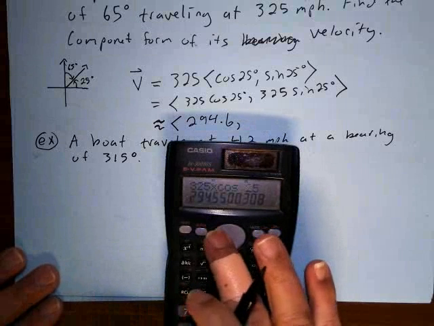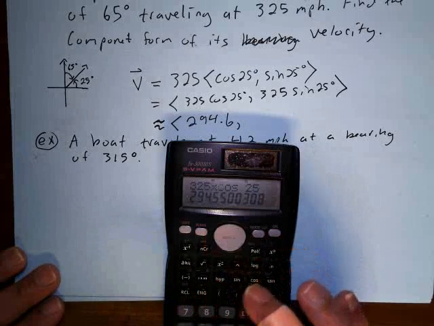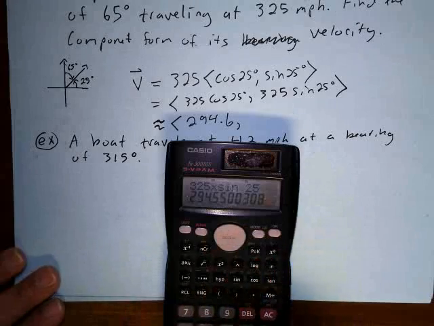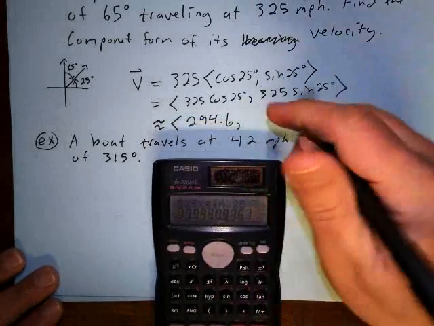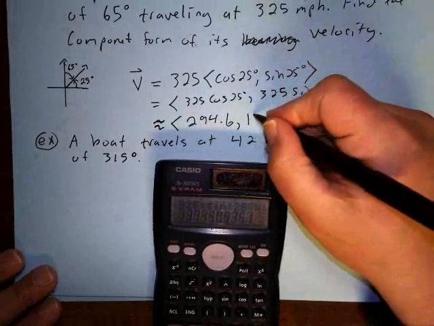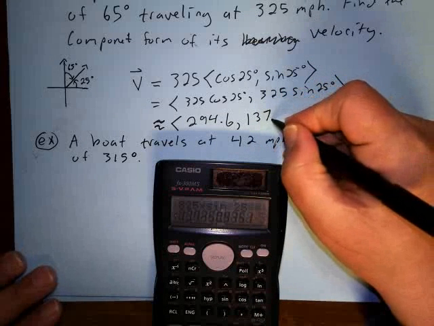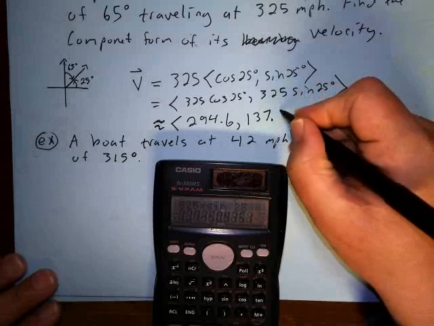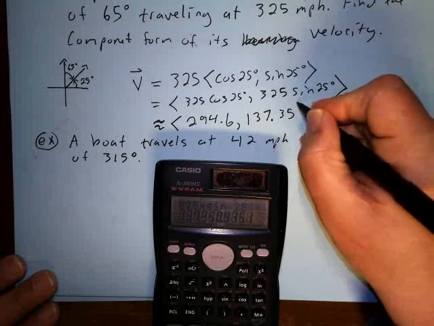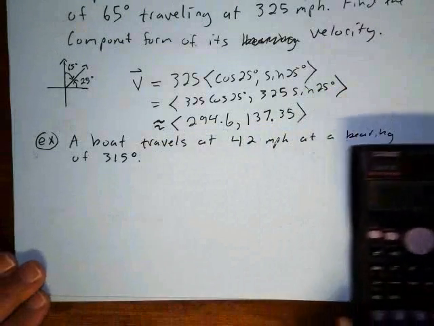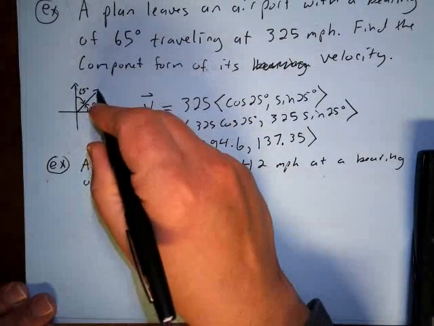In fact, I can just go back and change this cosine into a sine, and then I get the other one, 137.35. And that would be the component form, and that makes sense. It's in this quadrant.